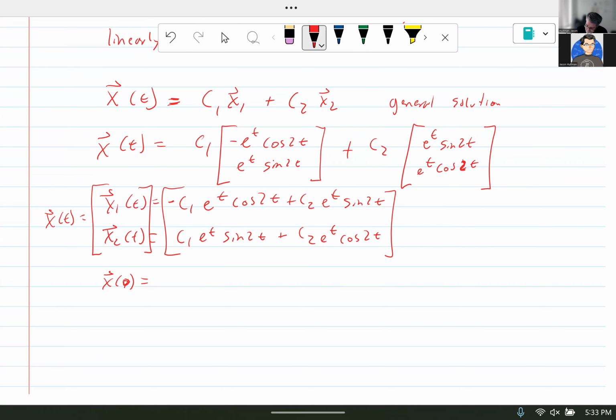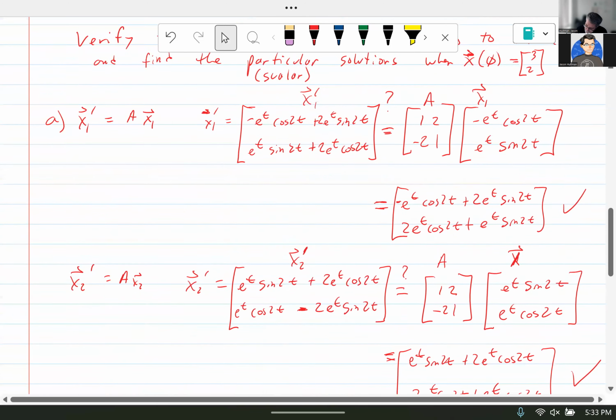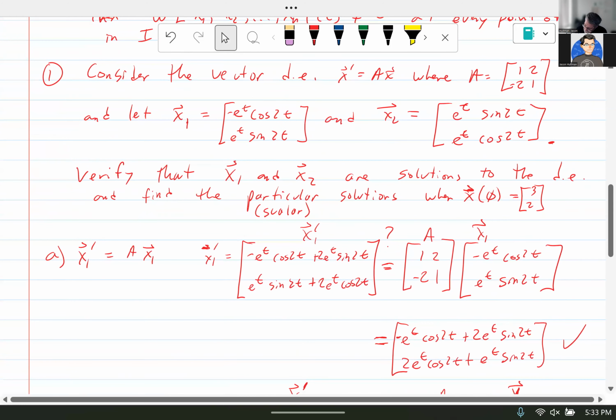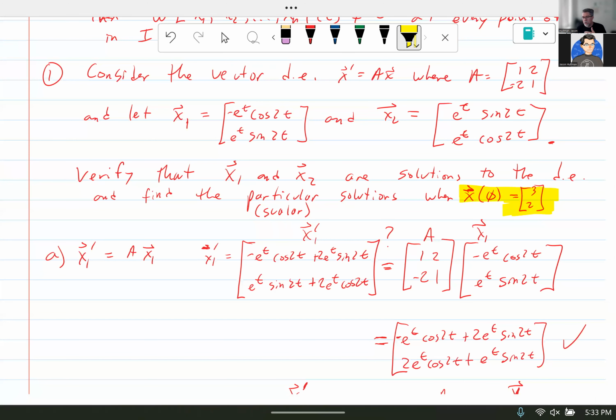Going back to the original problem, it says when we plug in 0 for t, we get x1 equaling 3 and x2 equaling 2.